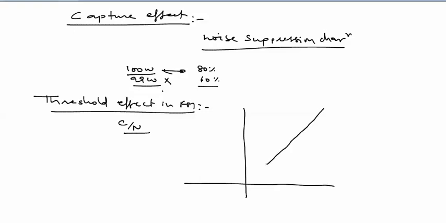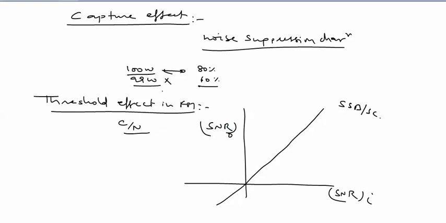I reflect the given statement from this graph between SNR in and SNR out. This straight line shows all the suppressed carrier schemes: SSB, DSBSC, VSBSC, vestigial sideband.